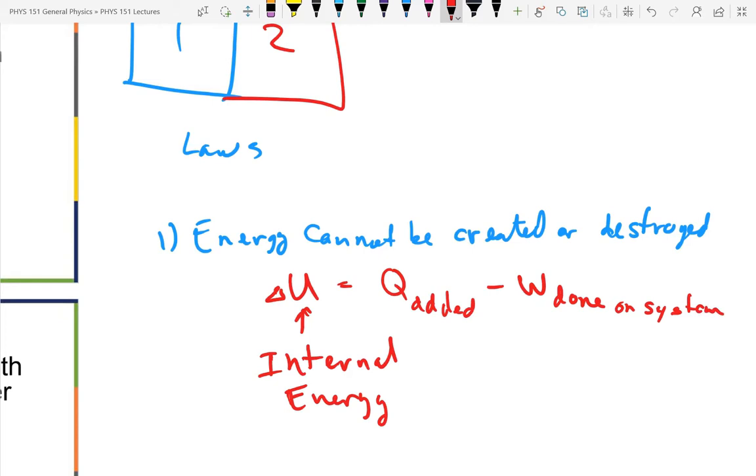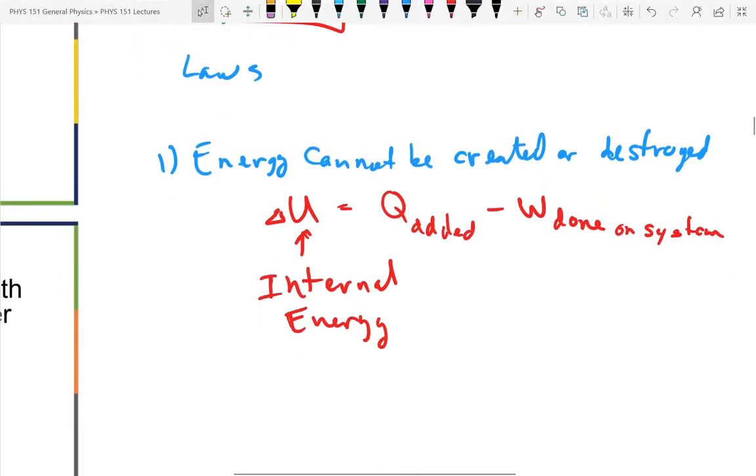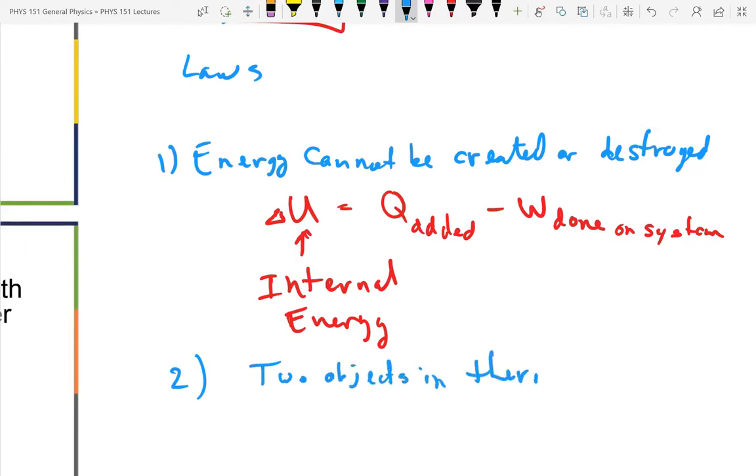The second law is that when you have two objects in thermal contact, what does it mean if they're in thermal contact? Not that they have the same temperature.